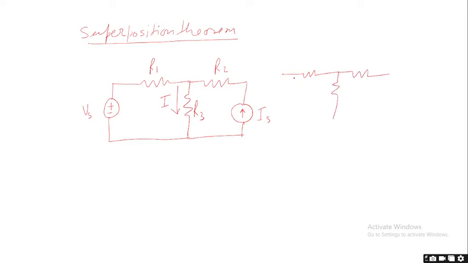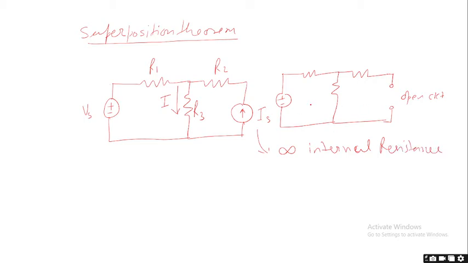If the voltage source only is used, then the current source is deactivated, and deactivation of a current source means replacing this current source by an open circuit. Why this open circuit? Because this current source is having infinite internal resistance.